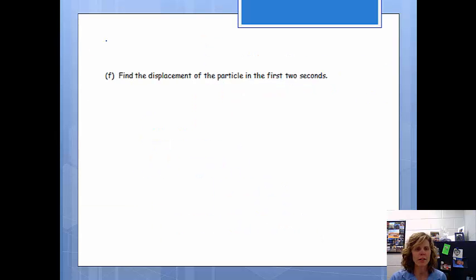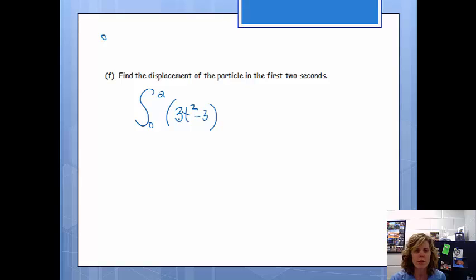Part F, find the displacement of the particle in the first 2 seconds. So remember, displacement is just the change in position. To find the change in position, if we take the integral of the velocity from a certain time to a certain time, then we'll be able to find the displacement. We're going to go from 0 to 2 of the velocity, and the velocity was 3t squared minus 3.